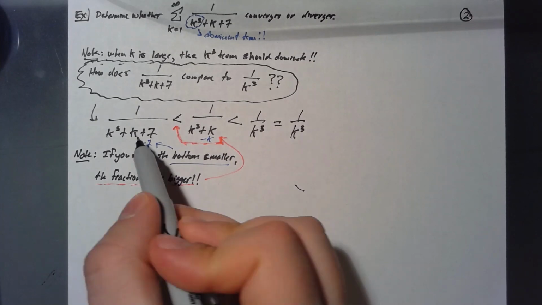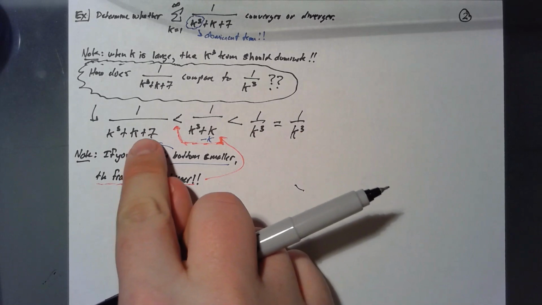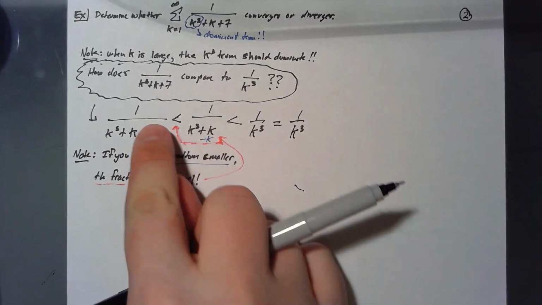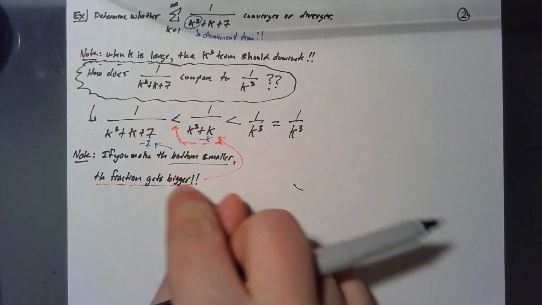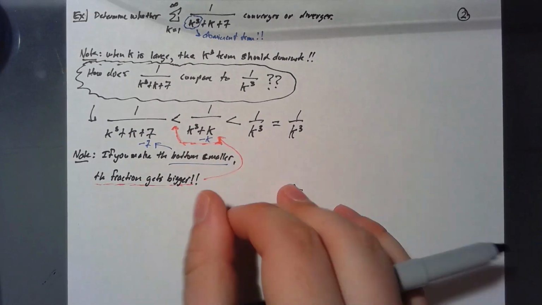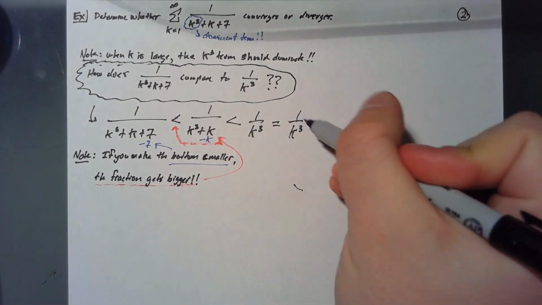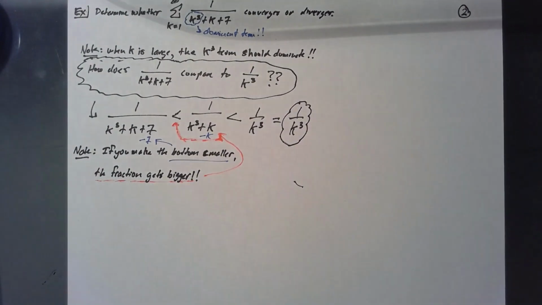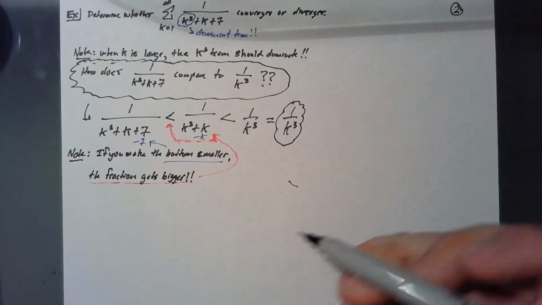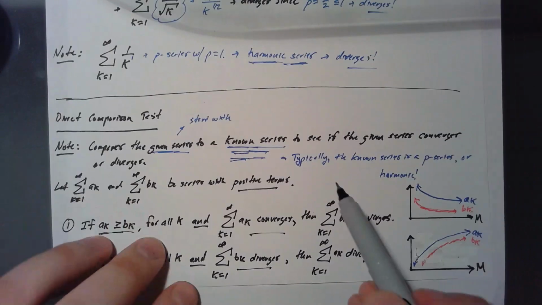So now I've made a true mathematical statement here. This is less than 1 over k cubed by doing some mathematical comparison. What do I know about this? What kind of series is that? It's a p-series. Remember how I said that down here?